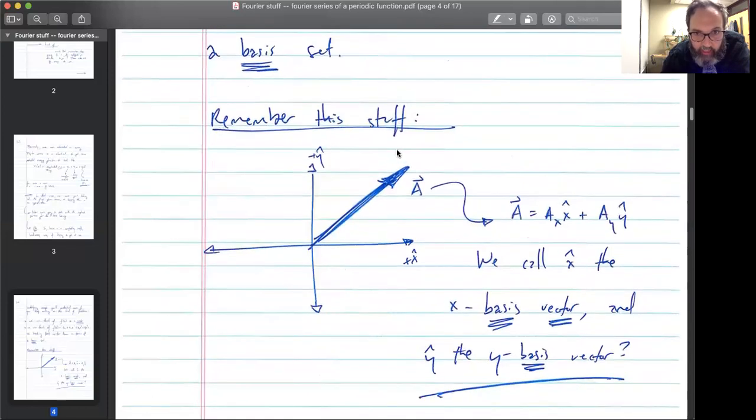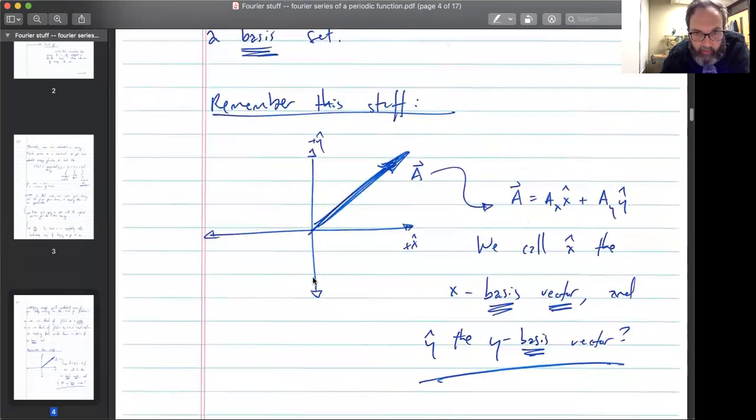Okay, so remember doing this kind of basic stuff? Got some vector A, and I just decide that there's an xy coordinate system, and we just draw it left, right, up, down because of our training, because we've seen it done that way 1,000 times. So we can then write this vector A as the sum of a sub x, the x component of A, times x hat, a basis vector that points in this direction and has a unit length, plus a sub y, y hat, same thing but in the y direction.